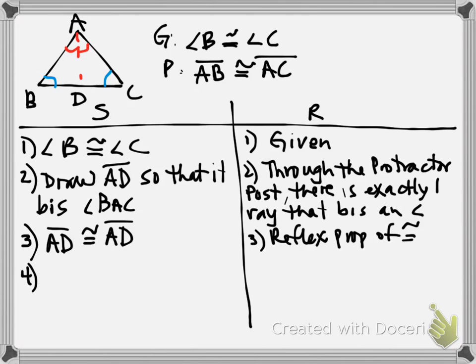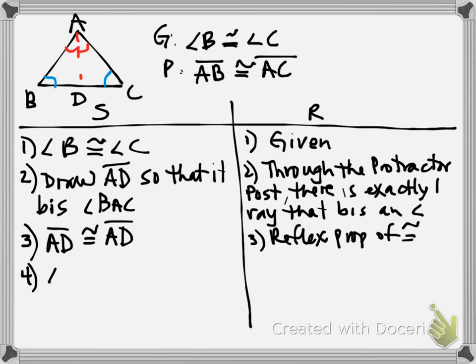Exactly. We have a theorem. It's actually corollary 1 to theorem 3-11. If two angles of one triangle are congruent to two angles of another triangle, then the third angles are congruent. So the reason why we had to draw this bisector was so that we could actually get the third set of angles to be congruent to each other. Okay?